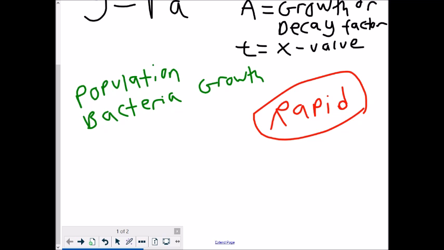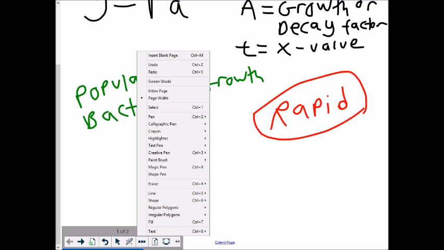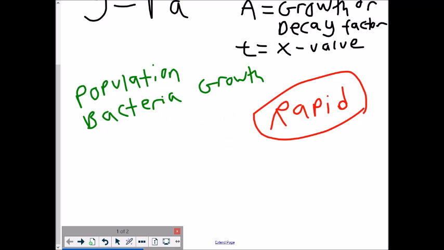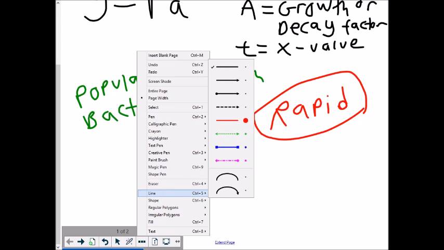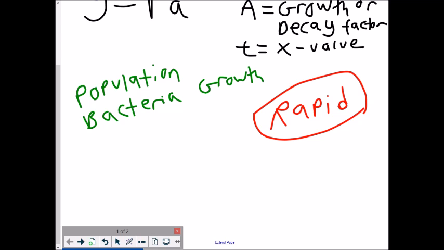And the graph looks like this. An exponential graph looks like this. I'll fix this.